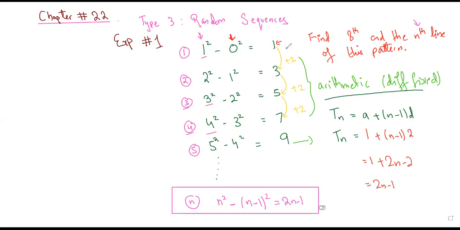Then can you please tell me what would be the eighth line of the pattern? We would substitute 8 in place of n. Very good. So the eighth line is going to be n square, so 8 square minus n minus 1, that is 7 square, equals 2 times 8 minus 1, and this will give you 13.